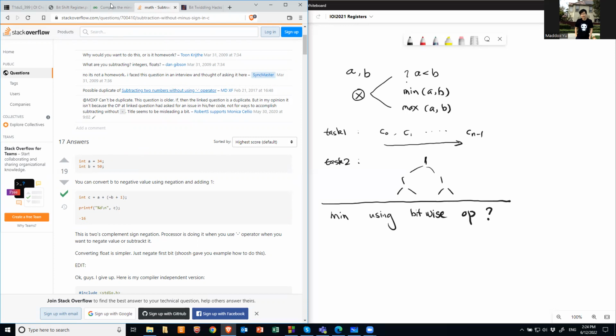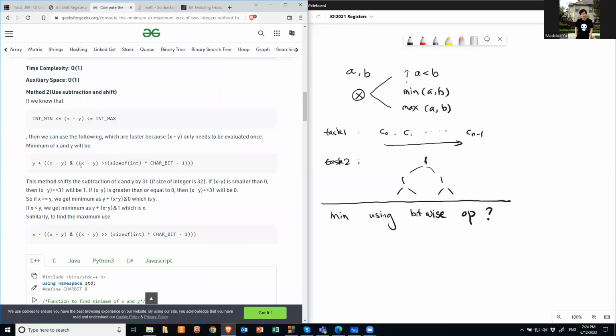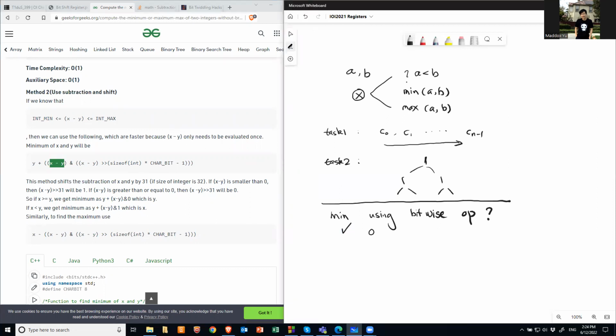So then we know how to do x minus y. Then it becomes straightforward. If you put all those together, that's how you do this comparison. This comparison can be done in O(1).